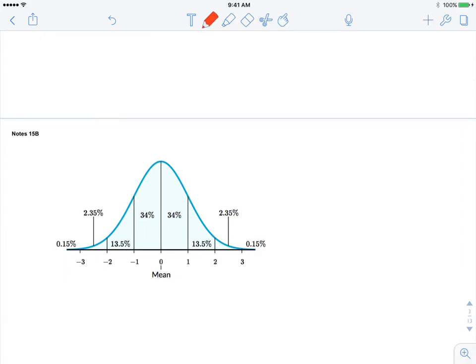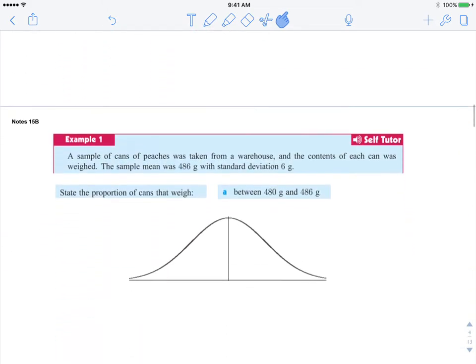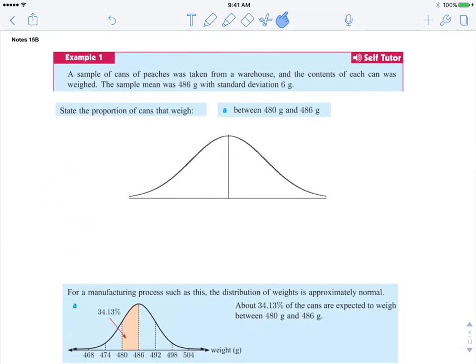Here's just a new graph of that same thing in a shortened version. Okay, so example 1: a sample of cans of peaches was taken from a warehouse and the contents of each can was weighed.